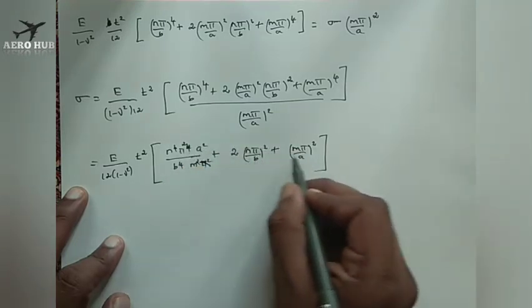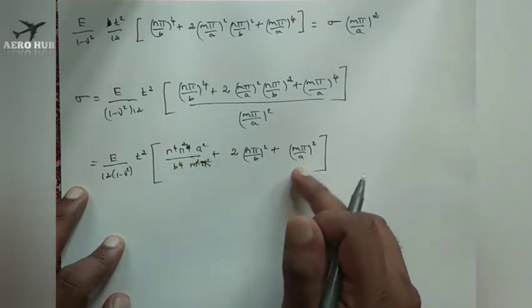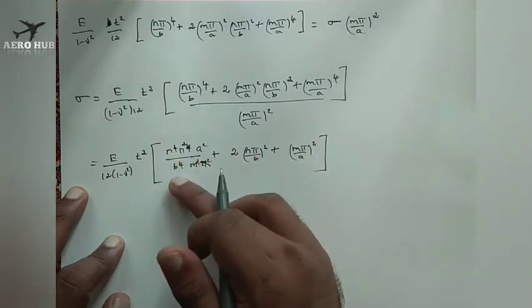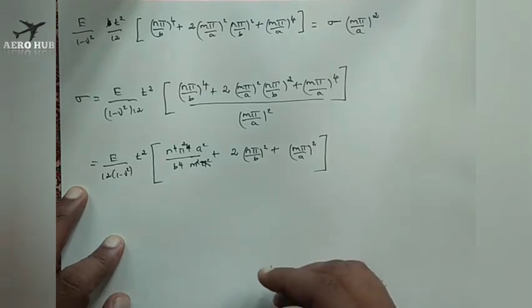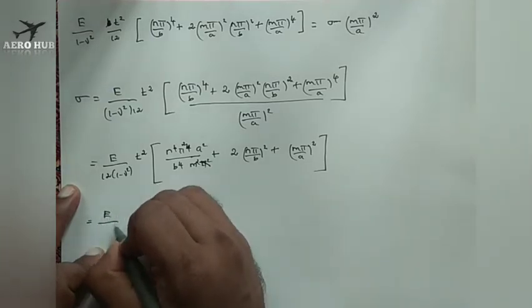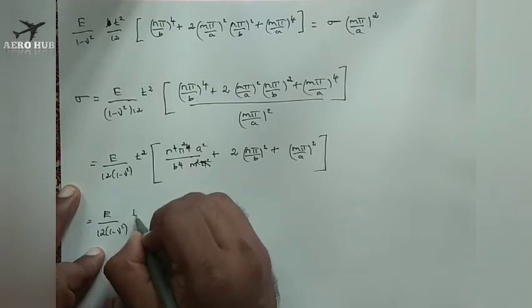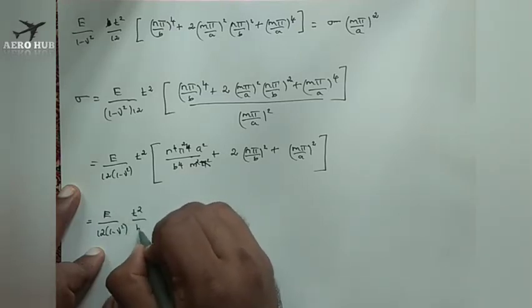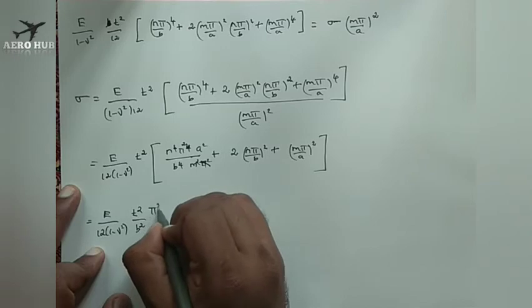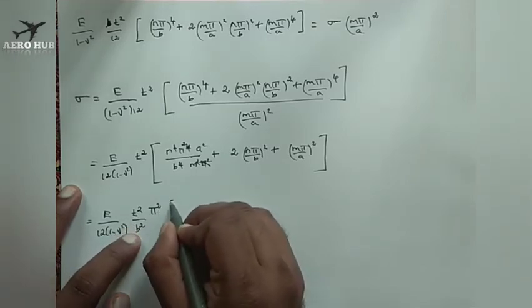and I can take pi square outside from each and every numerator, and I can take b square outside from each and every term also. So I can write this one as E by 12 into 1 minus mu square, t square by b square into pi square. I am taking pi square from numerator and b square from denominator outside.